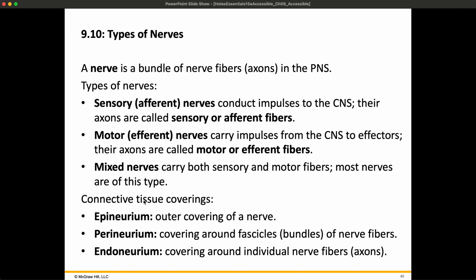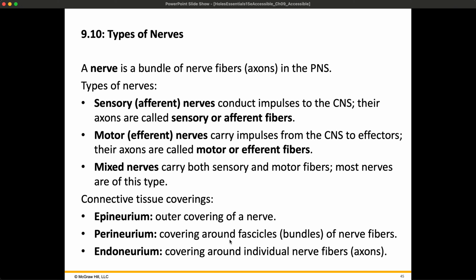A nerve has different tissue coverings to, again, establish that nesting doll structure that we saw in muscles. The epineurium, perineurium, and endoneurium. So this should sound very similar to epimysium, perimysium, endomysium, like we did for muscles.